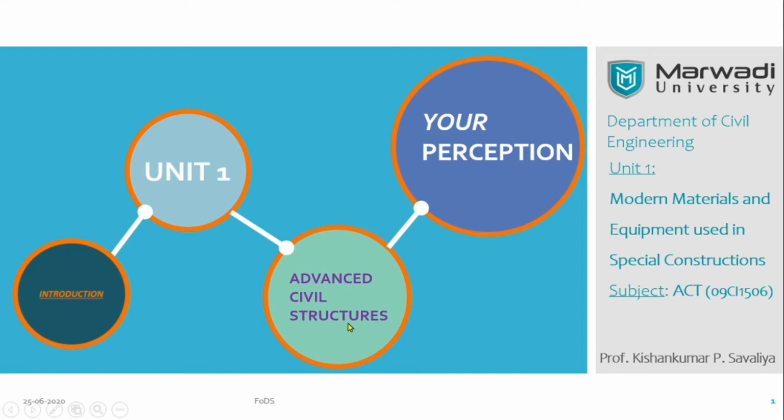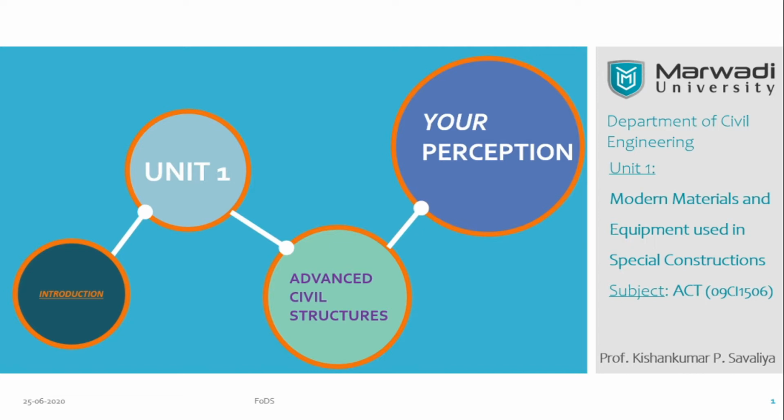Normally what we have in our mind is that advanced civil structure means a certain kind of high quality material we need to use, certain kind of high technique or very high technology is used in advanced civil structures. Normally in the advanced civil structure, it doesn't mean we need to go for the higher price and advanced technology.